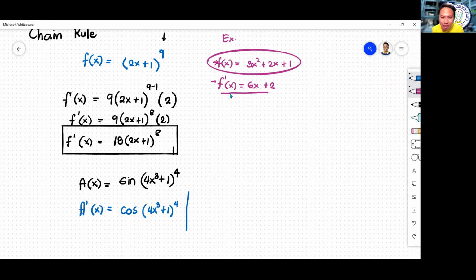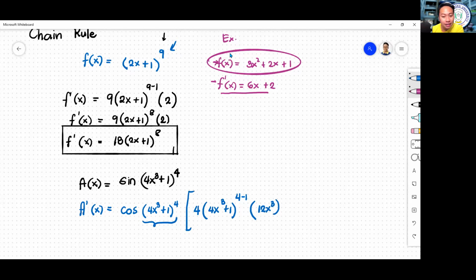After that, you multiply the whole thing by the derivative of the inside, which is the same process we did with 2x plus 1 raised to the power of 9. So you bring down 4, and then 4x cubed plus 1 raised to the power of 4 minus 1, times again the derivative of the terms inside the parentheses, which is 12x cubed.